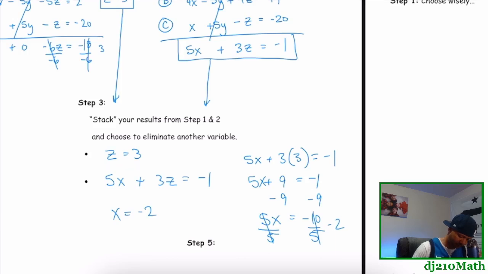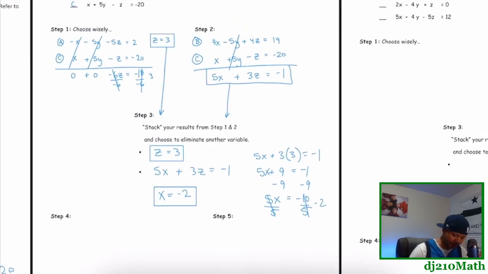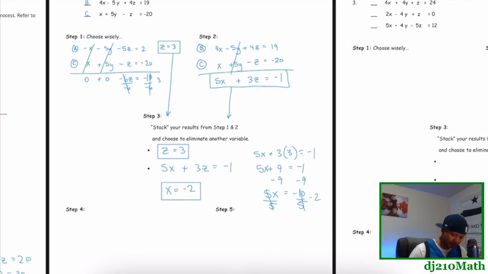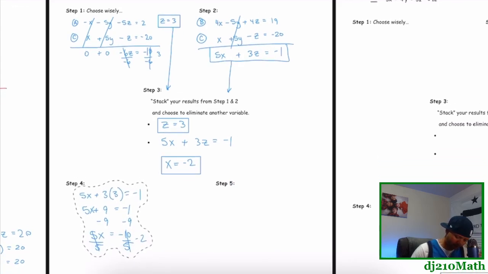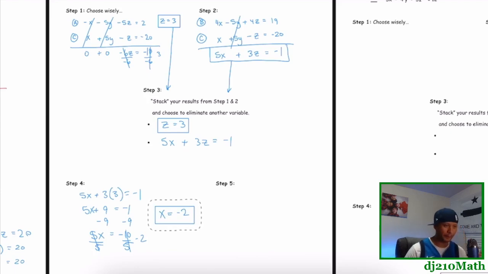Oops. So here's the second piece of the puzzle. We have a z and I have an x. Technically, all of this was step 4. And this x equals negative 2 business, that was the result of step 4, plugging in.